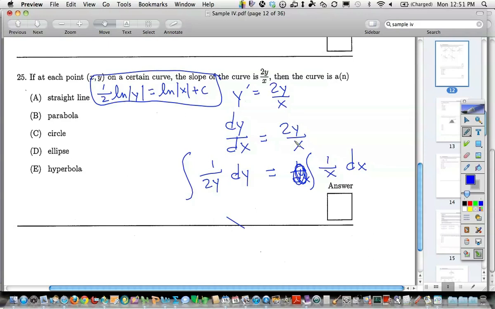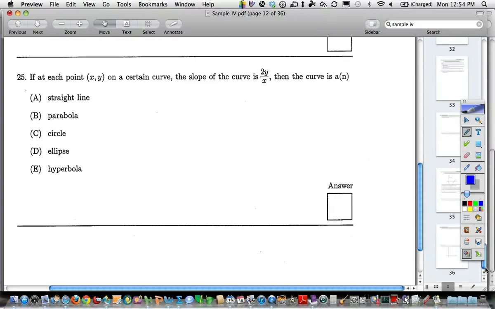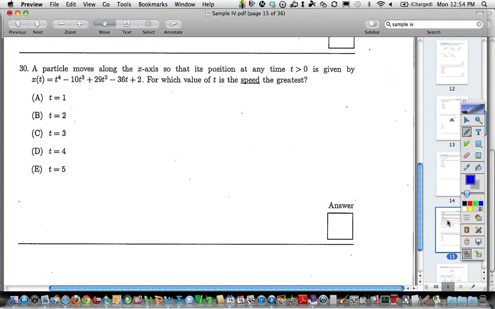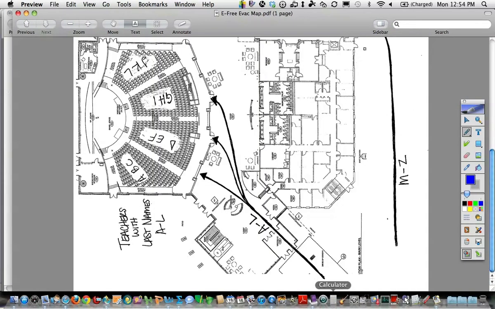Okay? All right. So with the time we have left, I want to go to the free response question, number 4. Oops.